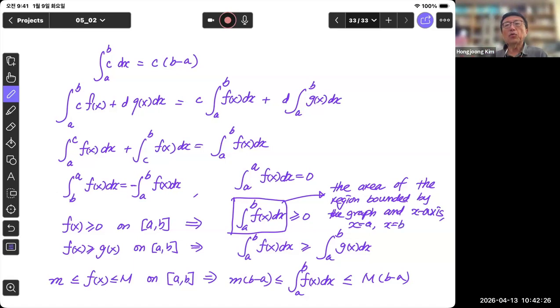So they bound a certain region, and the area of the region is given by this definite integral. So that is the summary of this section.